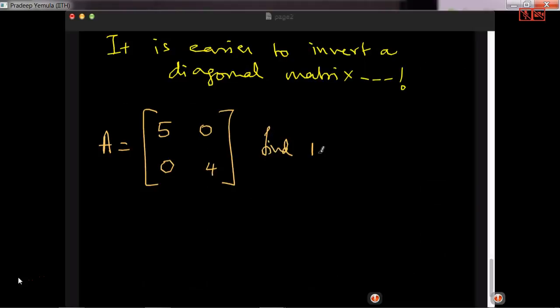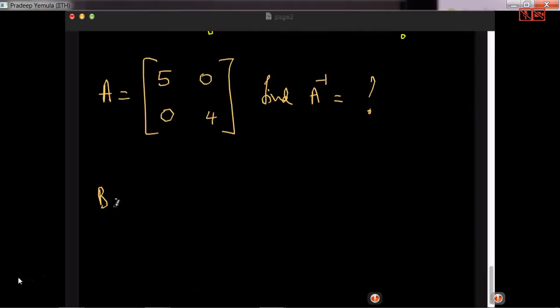Find A inverse. So this is a diagonal matrix. I'll also give another matrix B equal to 6 0, not 6, so let's say this element is 20, 20, minus 10.